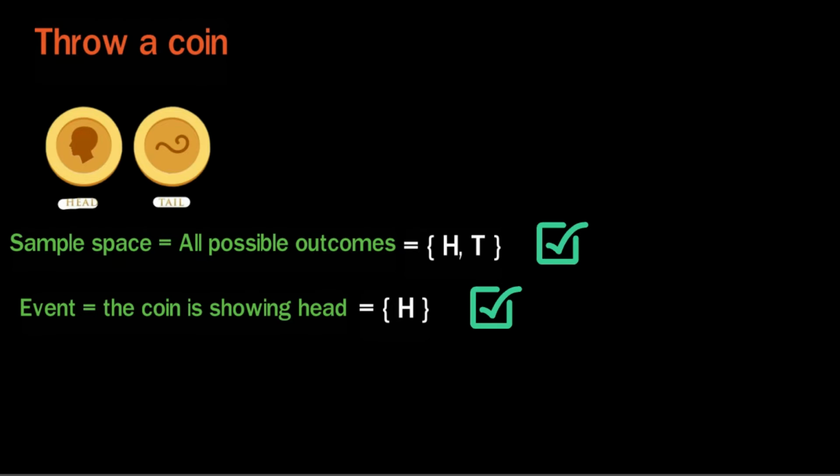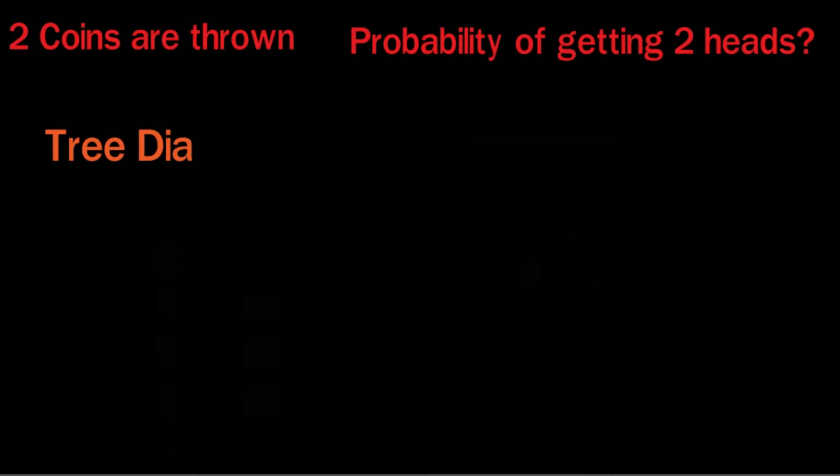Let's move on to the probability examples. So now let's have one more example. Let's say two coins are thrown, what is the probability of getting two heads? So we can do this by using a tree diagram. So what is the first coin's possible outcome? Head or tail?